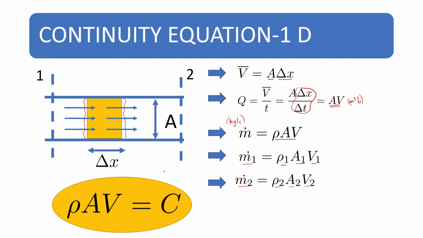So that is the conservation equation, that is m1 dot is equal to m2 dot, which is equal to rho 1 A1 V1 is equal to rho 2 A2 V2. So for any section across the pipe, rho into A into V will be constant. And this is the continuity equation in one dimension. That is, density into area of cross section into velocity will be equal to a constant.